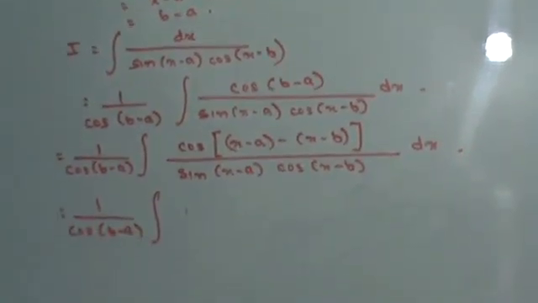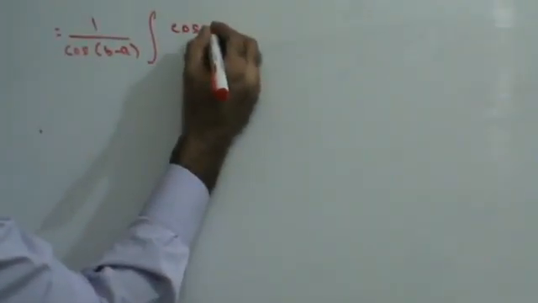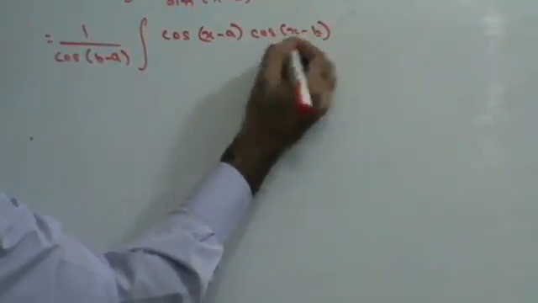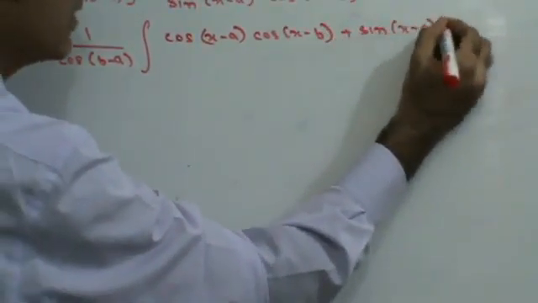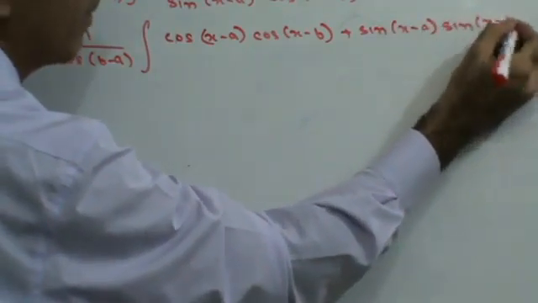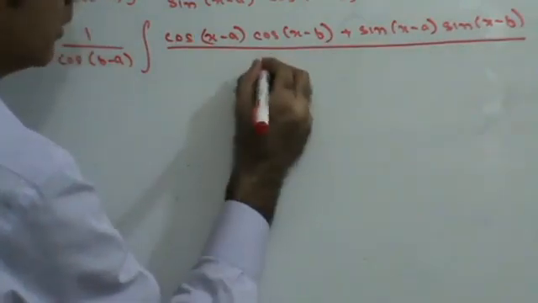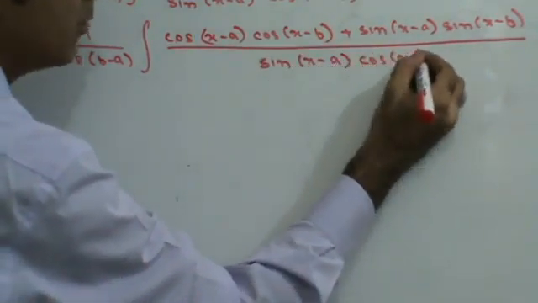Cos(a minus b) is nothing but cos a cos b plus sin a sin b, upon sin(x minus a) cos(x minus b) dx.